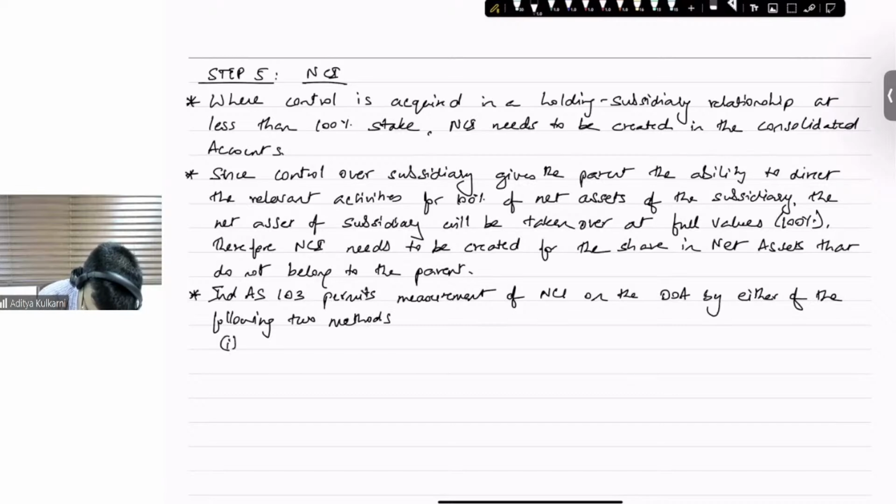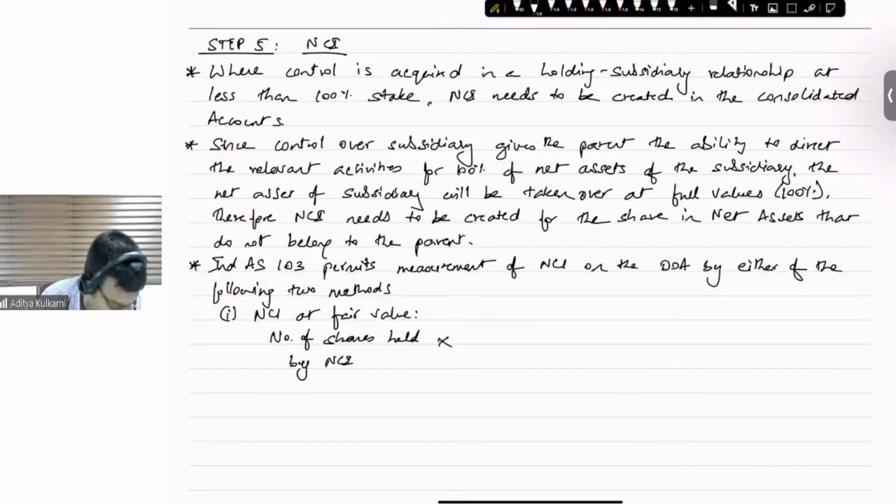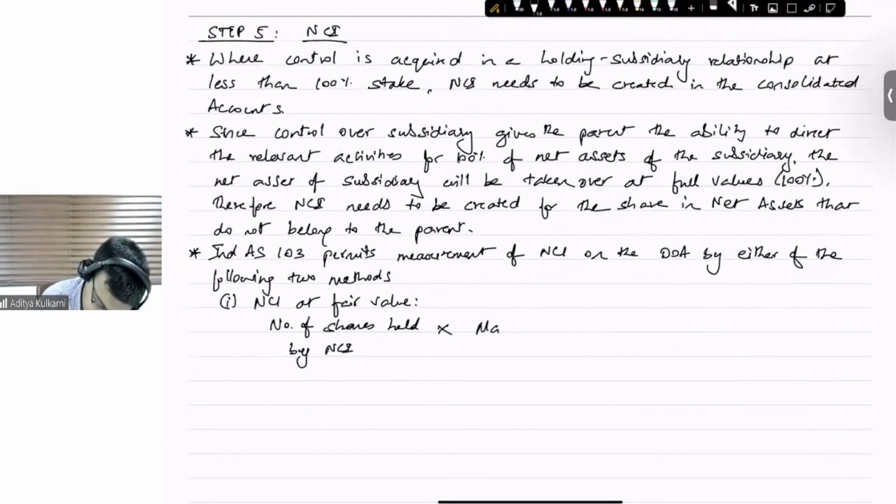two methods. First one, NCI at fair value. How do I measure it? Number of shares held by NCI multiplied by market price per share of the subsidiary.